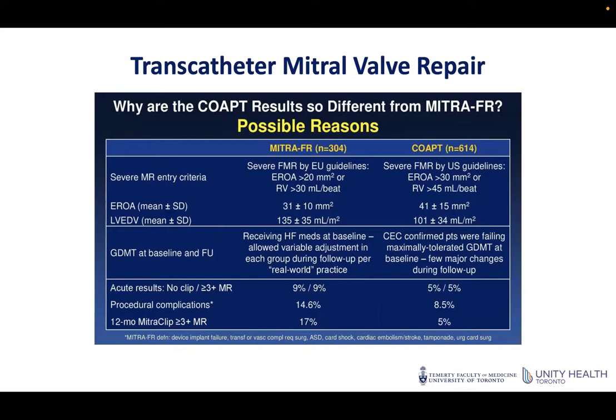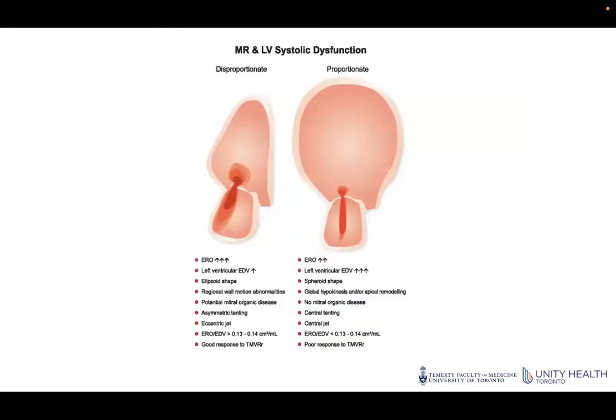I don't want to go into a discussion of the two different trials, but I want to stress for those of you who may consider embracing this type of strategy in the portfolio of options that you can offer to patients, it's important to have a very consistent and constant discussion with the heart failure team for patients with functional mitral regurgitation, to make sure that patients are absolutely optimized before any intervention is potentially considered.